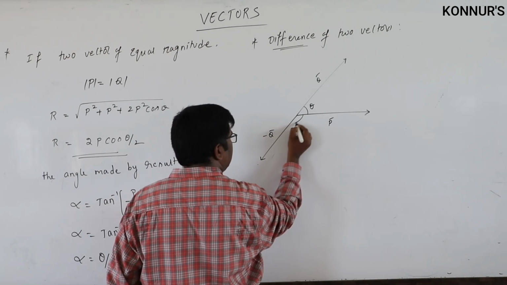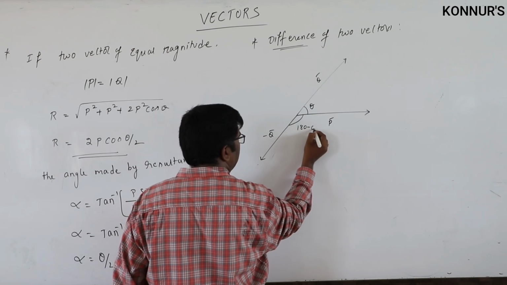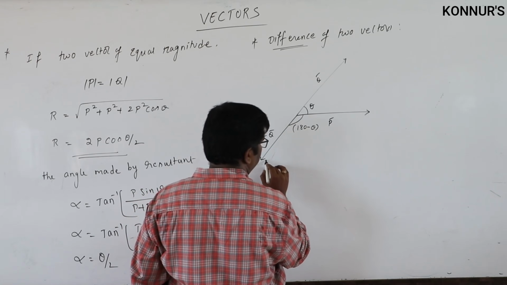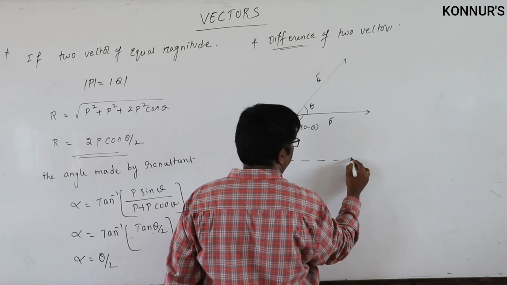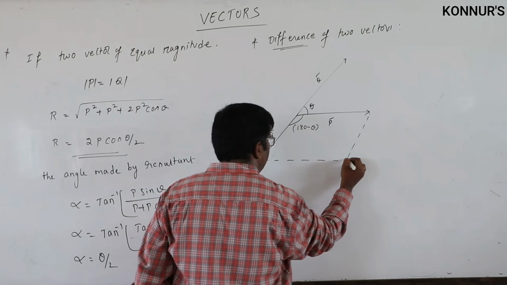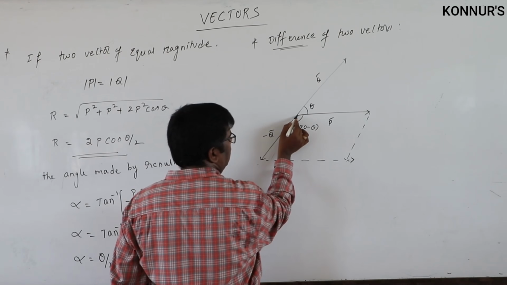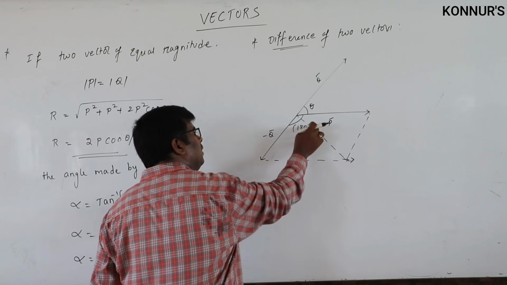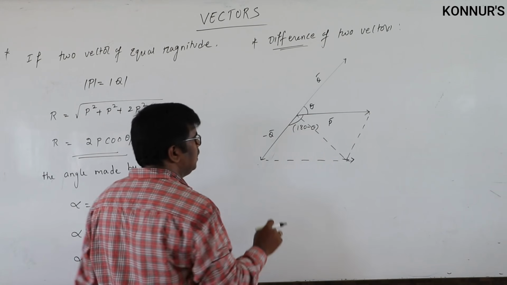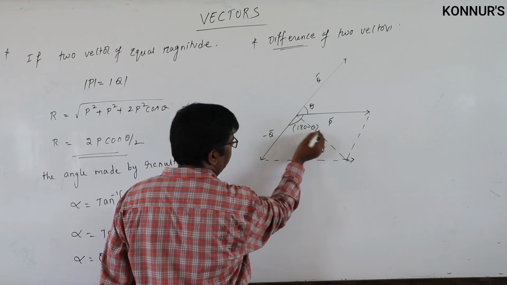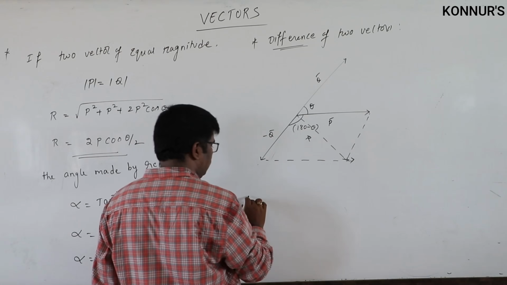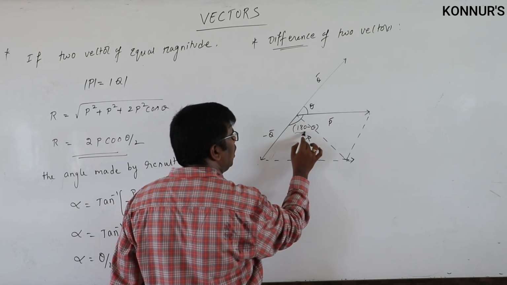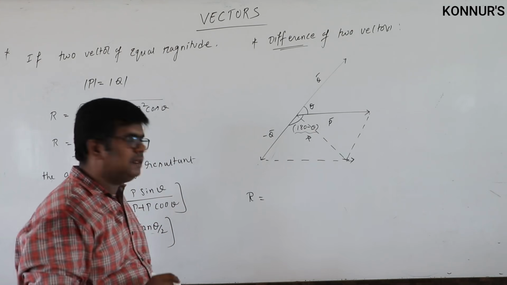Then what about this angle? It will be 180 minus theta. If you construct the parallelogram with p bar and minus q bar, the resultant will give the difference of these two vectors. The resultant formula you know, you just have to replace the angle theta with 180 minus theta.